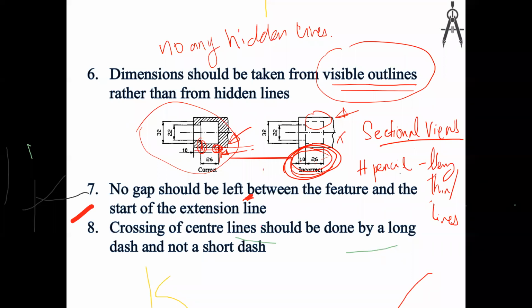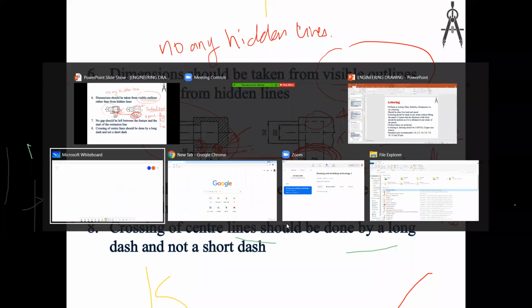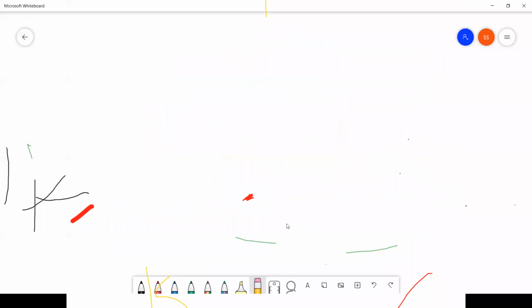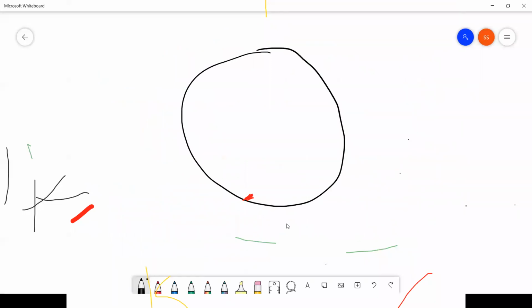Crossing of center lines should be done by a long dash and not a short dash. If you have a circle, you are having center lines.